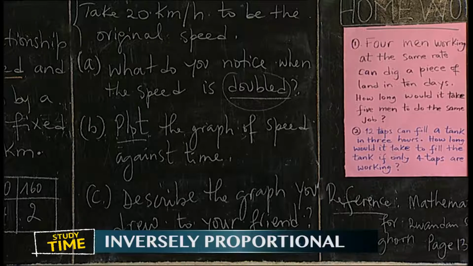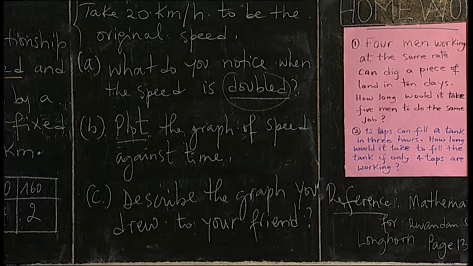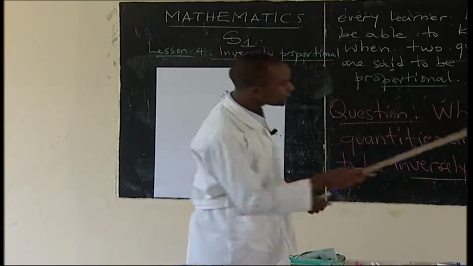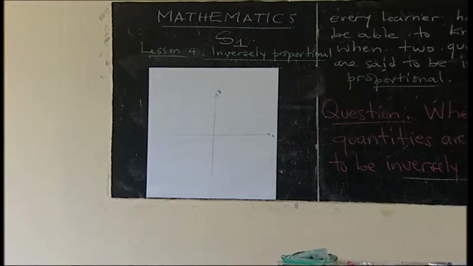I think you've tried it out on a paper. Let's do it together. Now we have y, and we'll be looking for what it may stand for. As you look at this, they have said, what do you notice when the speed is doubled? That is one thing that we would see.